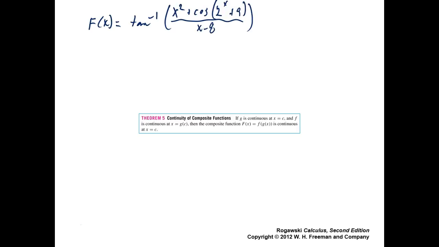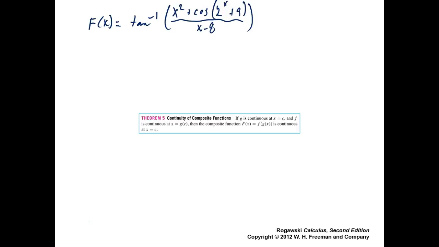Now, your inverse tangent, if you remember that, its domain is everywhere. Its range is limited, but its domain is everywhere. So yeah, no problem there. The only thing in that whole deal is that the denominator can't be 0, that means x can't be 8.